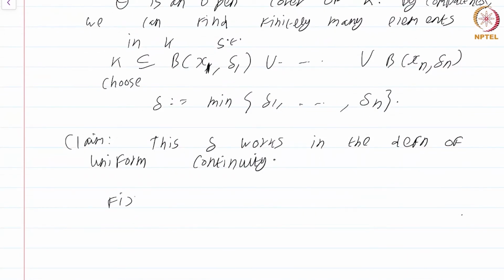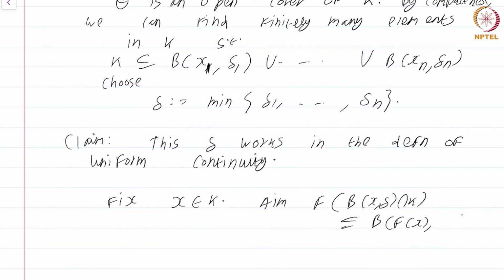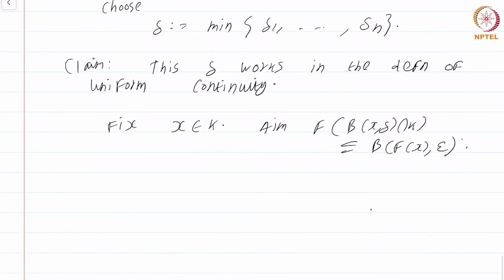So fix x in K. Aim is to show f of B(x, delta) intersect K is a subset of B(f(x), epsilon), right? This is our aim. Then we would be done.